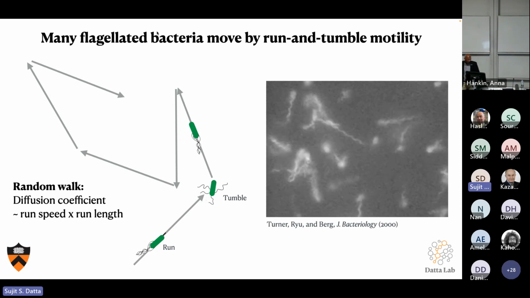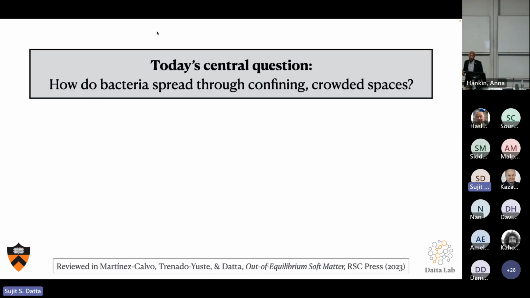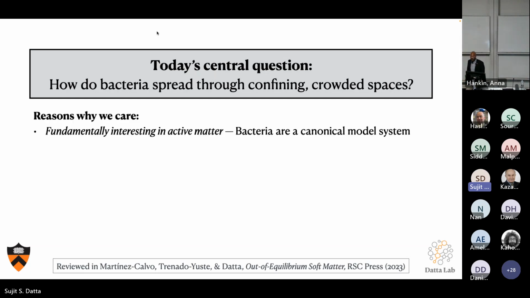over the years. And the question that we had is, well, how has this picture changed when these cells now inhabit a crowded, tight, porous space, right? Not only is this question both fundamentally interesting in active matter physics, because swimming bacteria are model systems of other actively moving agents, but it's also important, for example, in agriculture, if we want to describe the dynamics of how soil bacteria are recruited to plant roots and help sustain plant growth.